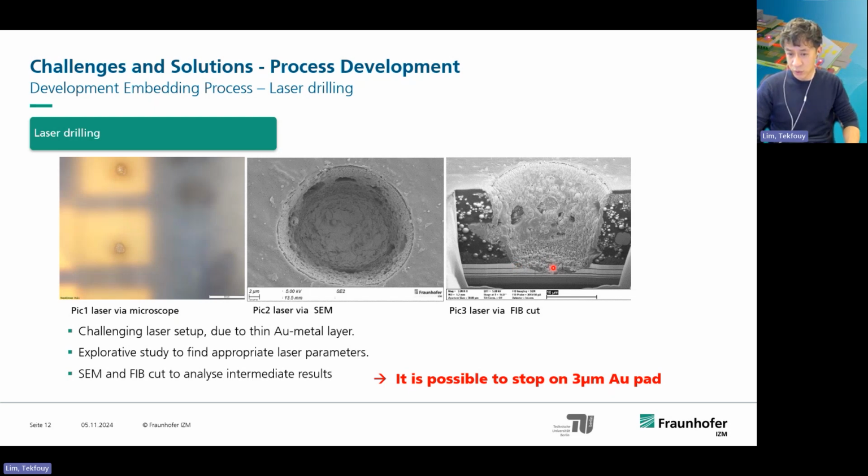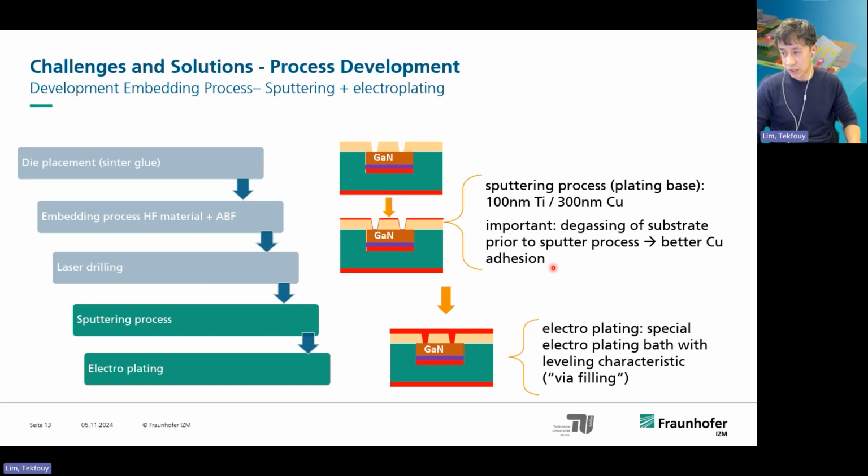But then we use the FIB cut to make sure that everything is fine and that we are not destroying anything on the IC. So we are showing here that it's possible to stop at a 3 micrometer gold pad. And after this, it's a standard sputtering process and electroplating. So I will not go into the details here.